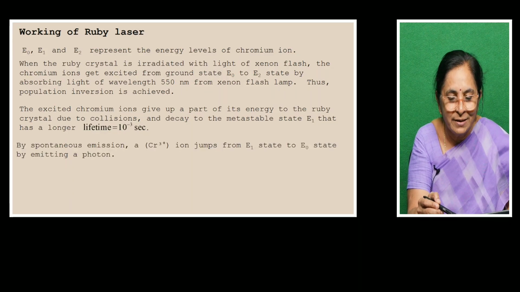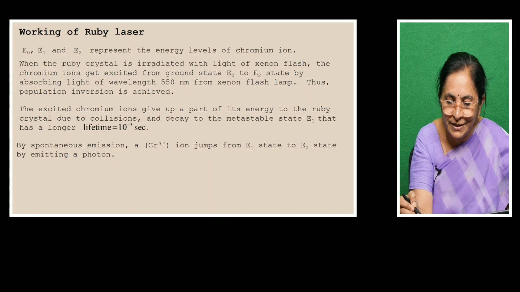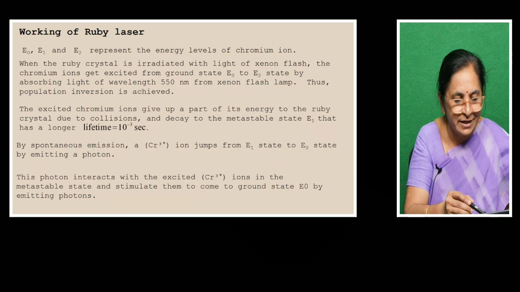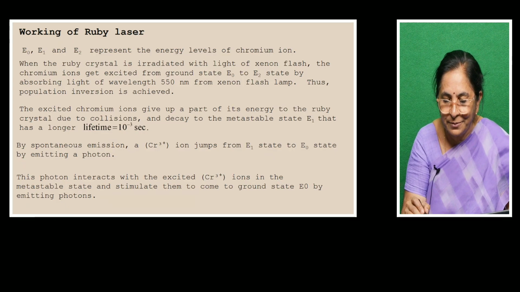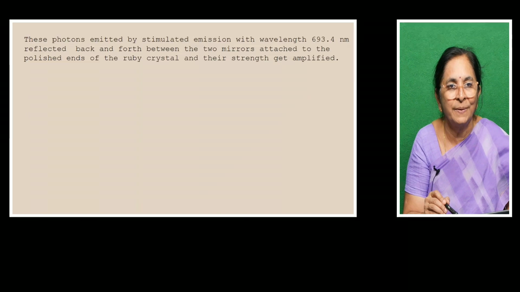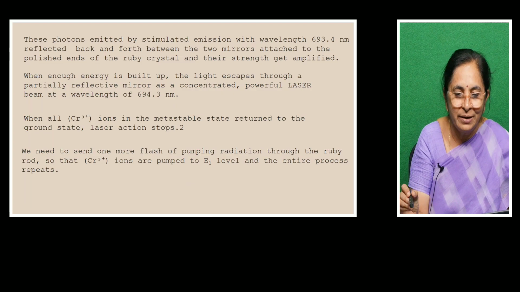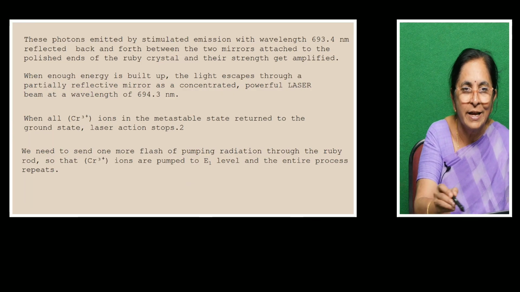Now from the metastable state, the chromium ion jumps from the E1 state to the E0 state by emitting a photon. These photons will interact with the excited chromium 3 plus ions in the metastable state and stimulate them to come to the ground state E0 by emitting photons. These photons in the resonator will be reflected back and forth.